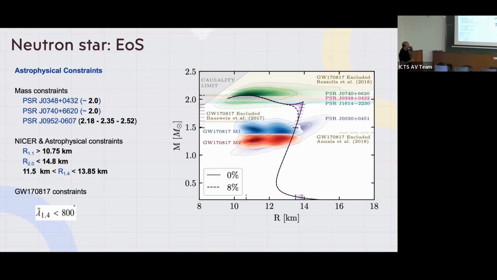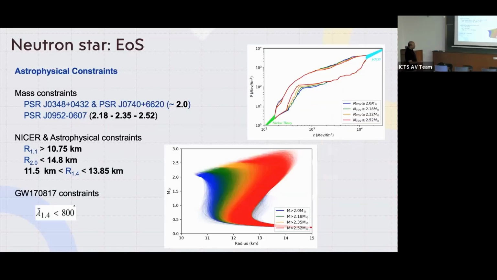Now comes the astrophysics, the astrophysical constraints. We know that if I get an equation of state, then I can solve the TOV equation and get a single mass radius curve. Now, if I have say 1 million equations of state, I will have all these mass radius curves.